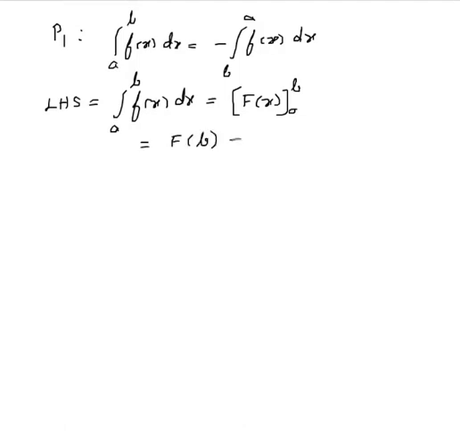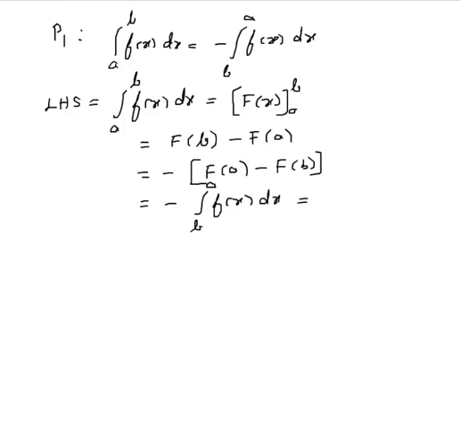Apply the limits. We get F of b minus F of a. Let us take the minus sign out. We get minus of F of a minus F of b. And this can be written as minus integral b to a f of x dx. And this is the right hand side.